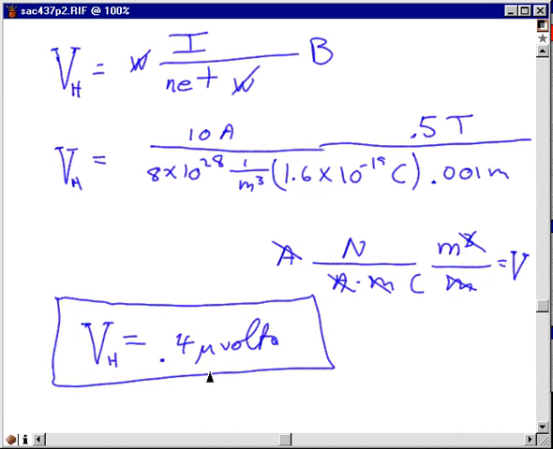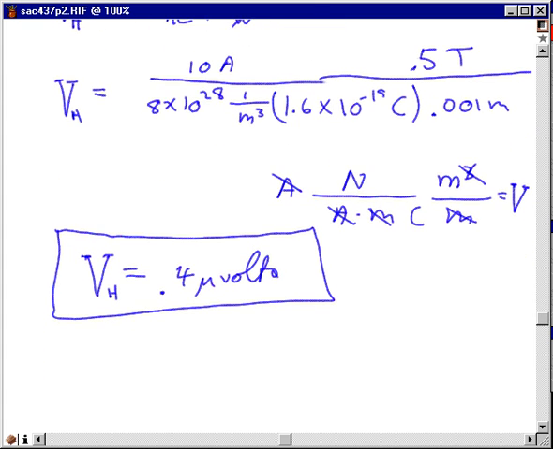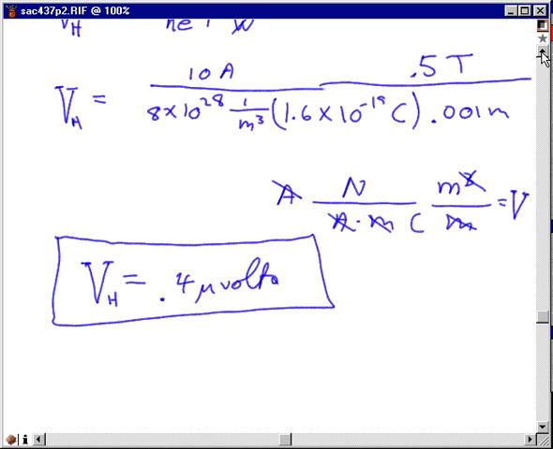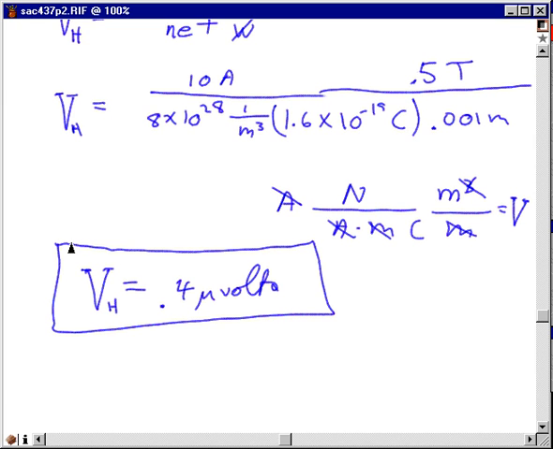However, we've got to be able to read down to a fraction of a microvolt, which we'd have to build some amplifiers in order to be able to measure a voltage that small. So not immediately practical based on the equipment that we have in the lab to set that up and measure it, because of the very small Hall potential that develops.